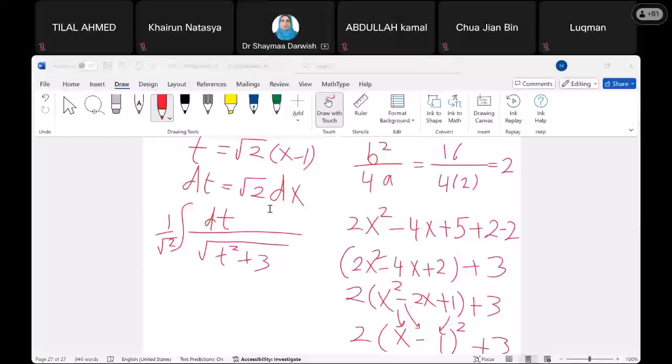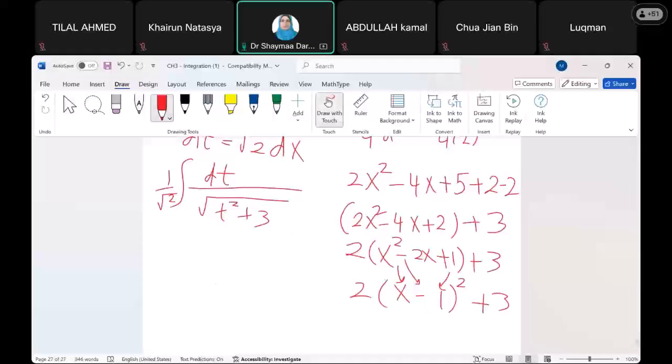If you check the formulas that you have, you need to check both the inverse trigonometric and the inverse hyperbolic to see which one is suitable for you. Here you have t squared plus a squared, which means sinh inverse. This is sinh inverse. So 1 over square root of 2 sinh inverse t, where a squared is 3, so a itself is square root of 3.